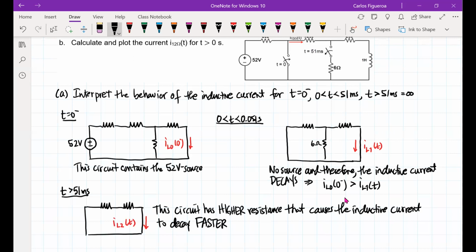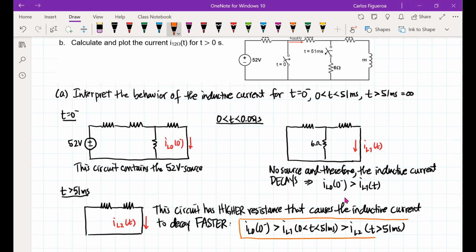So if I now look at everything, what I'm really seeing is that IL0 at 0 minus is larger than IL1 between these times, which will then be larger than IL2 for t greater than 51 milliseconds. So looking at the circuit, this is what we expect.